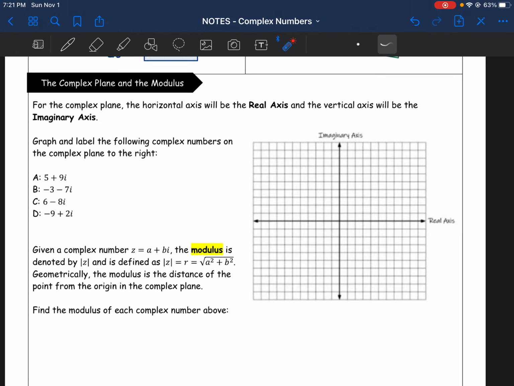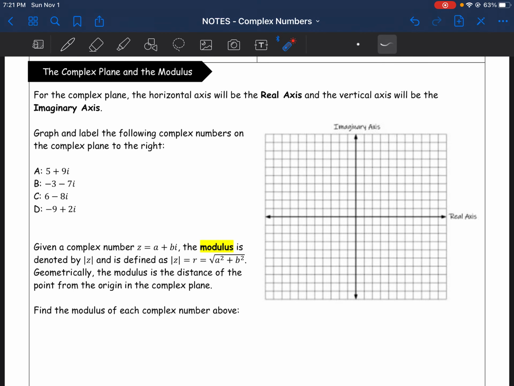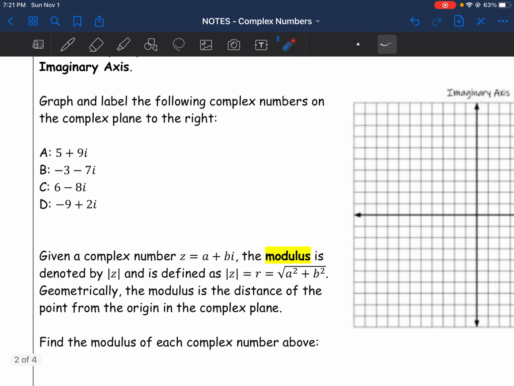Okay, so we want to go ahead and get some practice graphing complex numbers. Let's go ahead and graph and label the following complex numbers on the complex plane. So point A is going to be 5 plus 9i. And notice all we have to do is intersect the real part with the imaginary part.